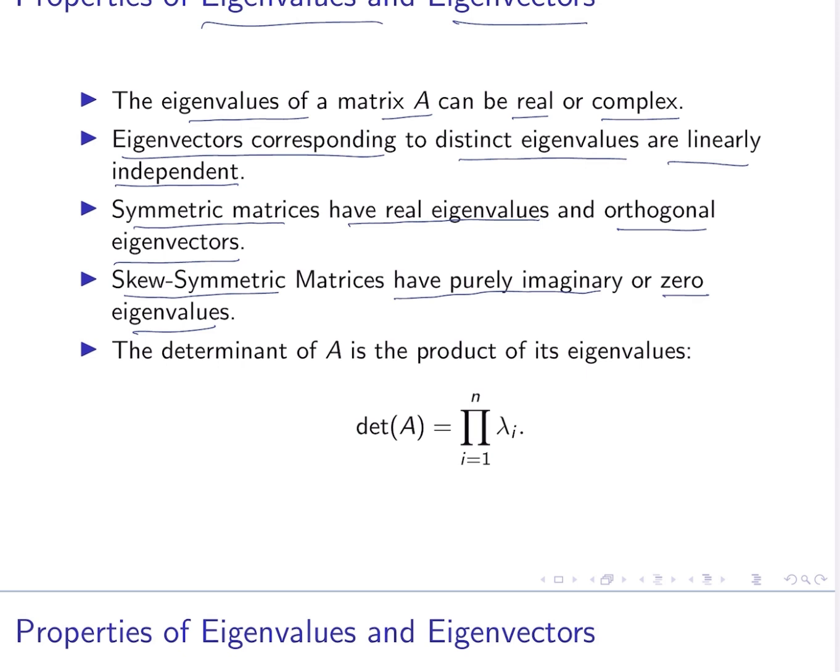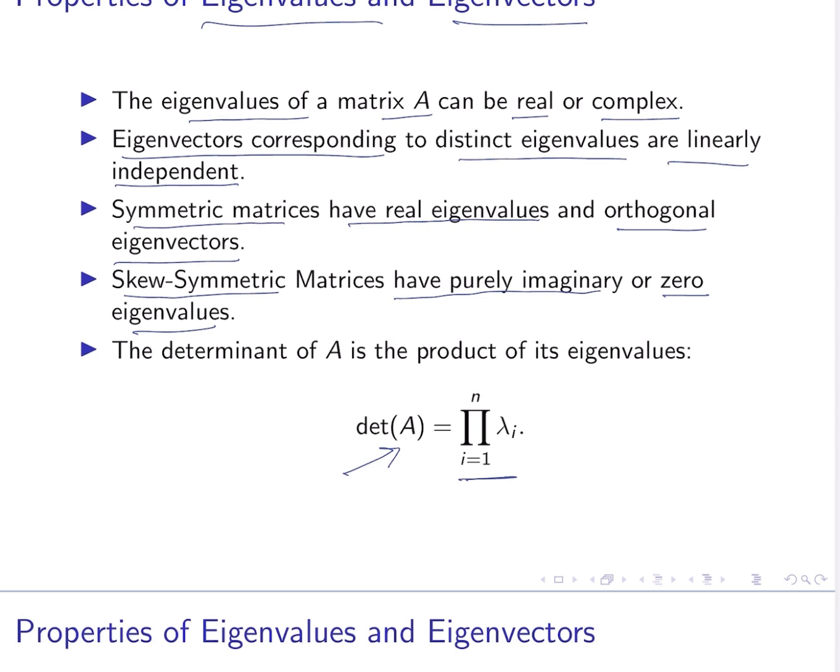We have another formula. If I want to know the determinant of a matrix, and I have been given all the eigenvalues, then I multiply all the eigenvalues to receive the determinant of the matrix. So this result says the determinant of a square matrix A is nothing but the product of the eigenvalues.